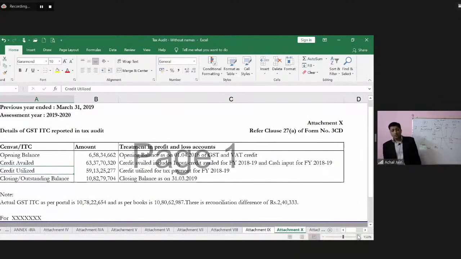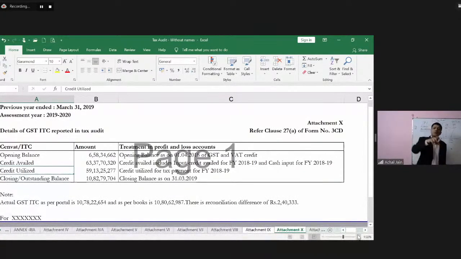If you see, there's a note given towards the end of this reporting. It says actual GST input tax credit, ITC, input tax credit as per the GST portal is rupees so and so, and as per the books is rupees so and so. So there's a difference between these two amounting to this much amount. Okay. So this is how auditor would report the requirements of this clause.